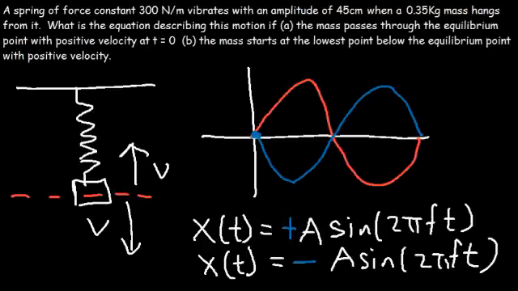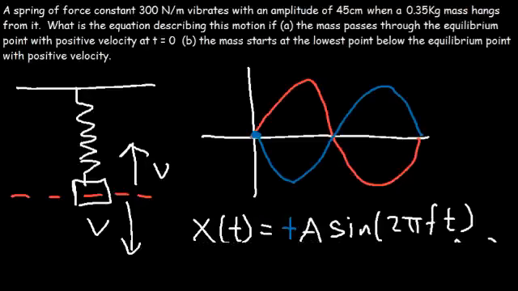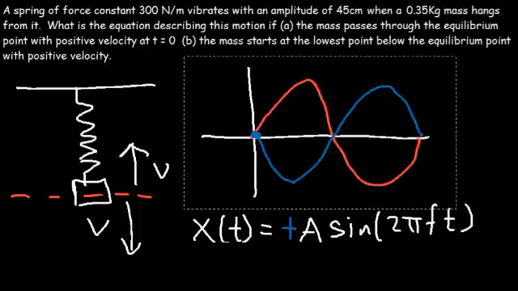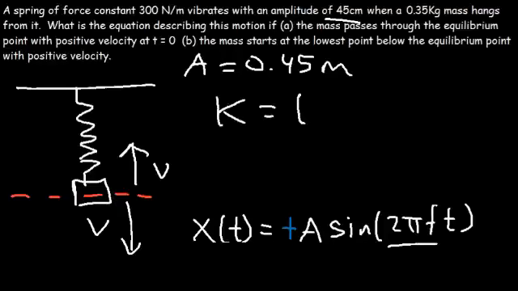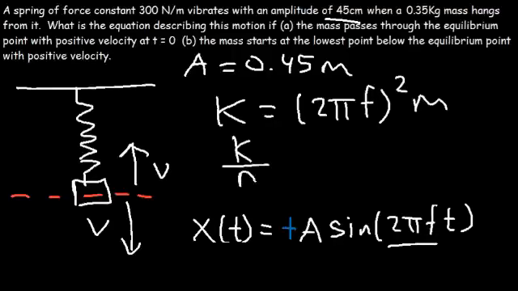So let's get back to what we're trying to figure out, which is positive a sine 2 pi ft. So we have the amplitude. It's 45 centimeters, which is 0.45 meters. Now what we need to figure out is 2 pi f. We know that k is equal to 2 pi f squared times m. So k divided by m is 2 pi f squared.